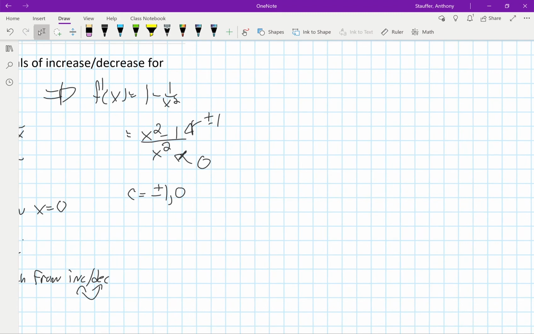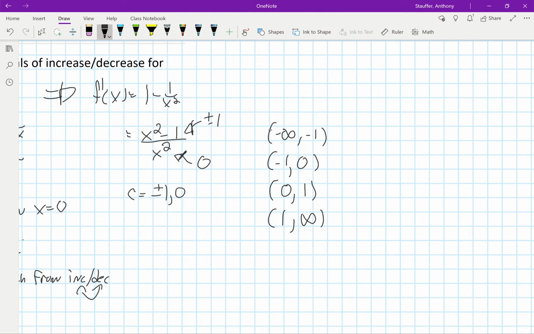So I create my intervals. My intervals are going to be from negative infinity to negative 1, from negative 1 to 0, from 0 to positive 1, and from positive 1 to infinity.